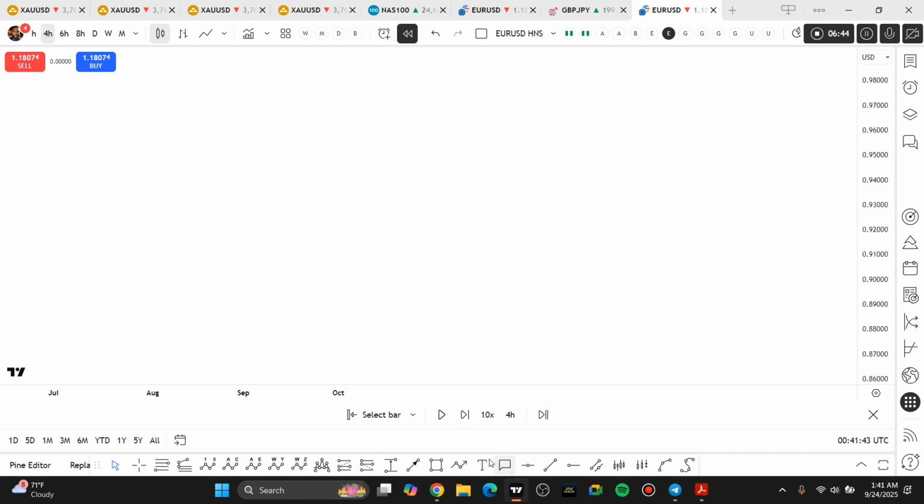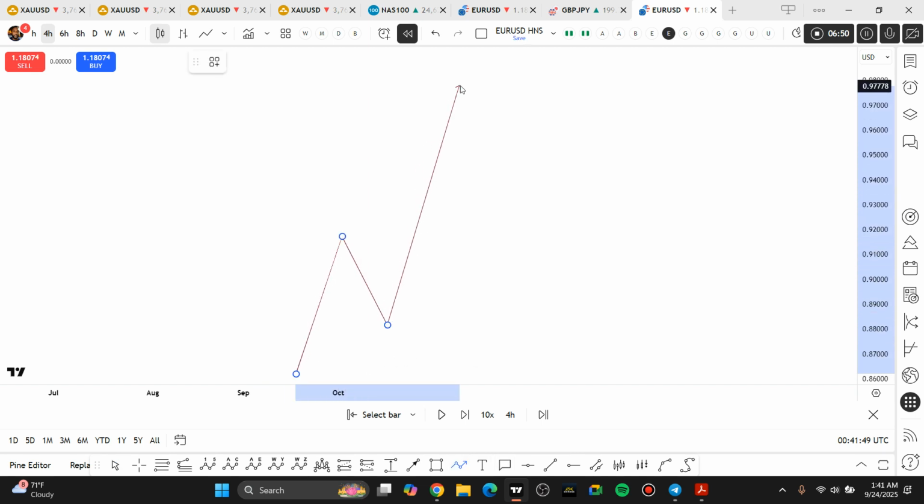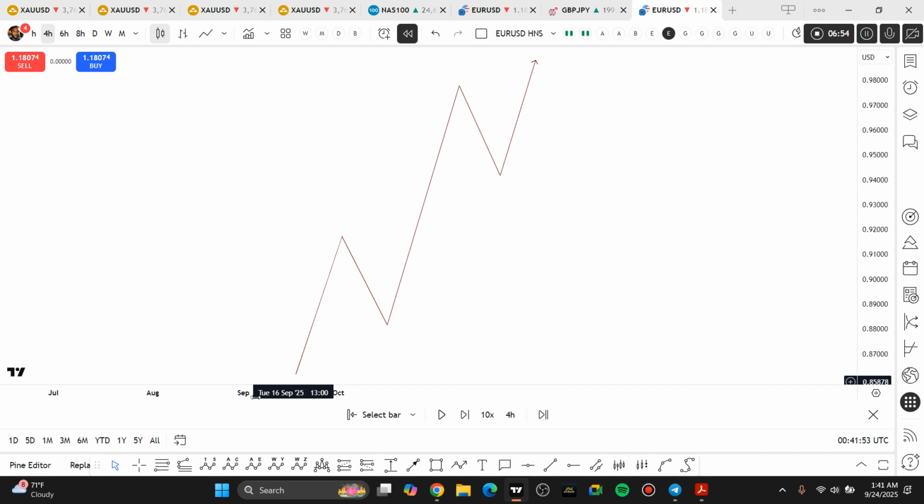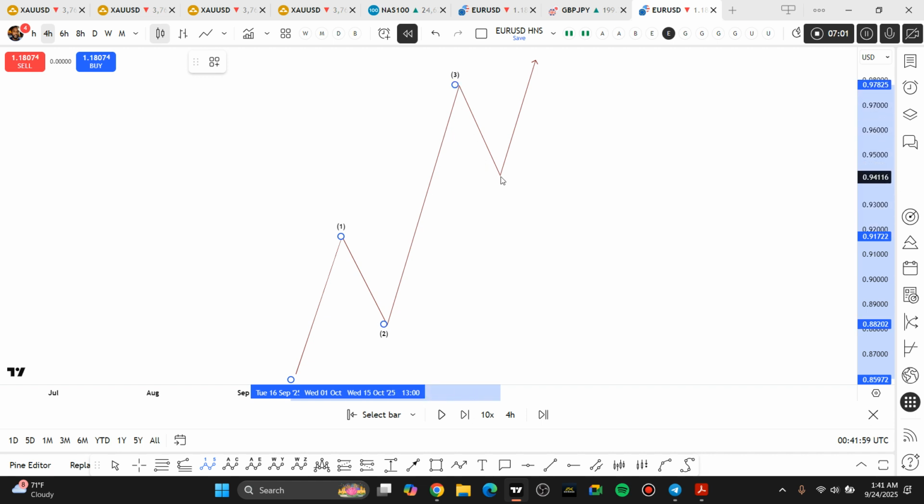Tonight, we're going to focus on zigzag. Now, like I said, if a five wave move goes upward, forming five waves, wave one, wave two, wave three, wave four, wave five. Now, let me label this whole five wave for you guys: wave one, wave two, wave three, wave four, and wave five.